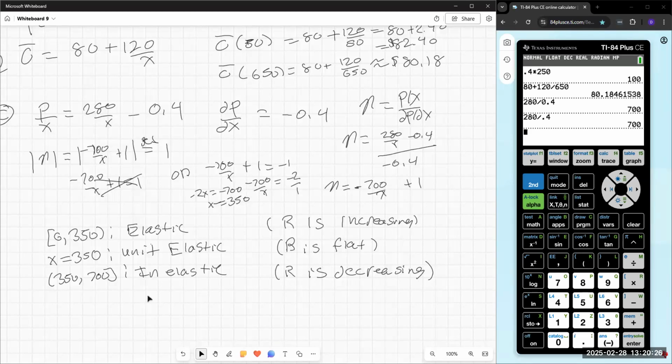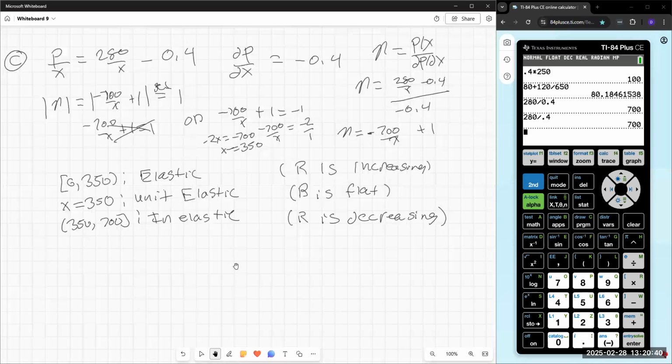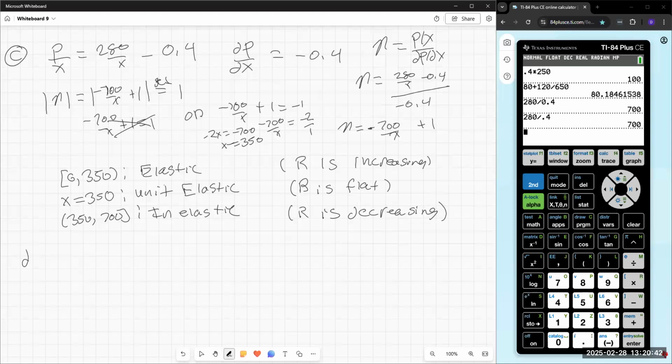And then part D asks us to use differentials to approximate the change in revenue as sales increase from 210 units to 220 units. So for part D, we're going to start with the revenue equation.